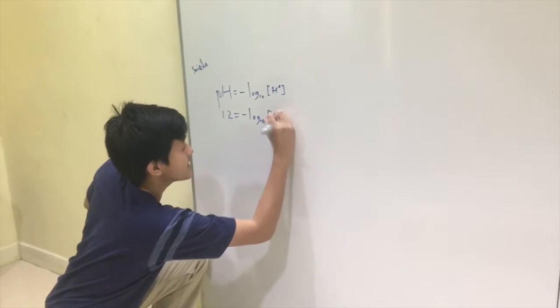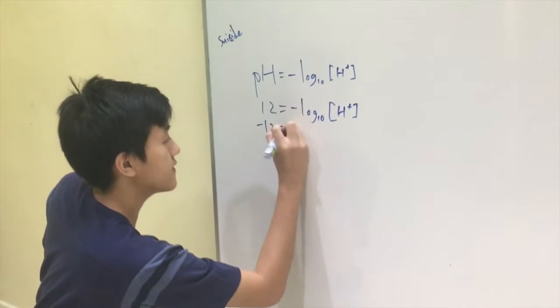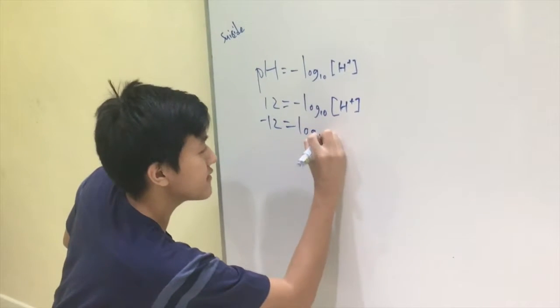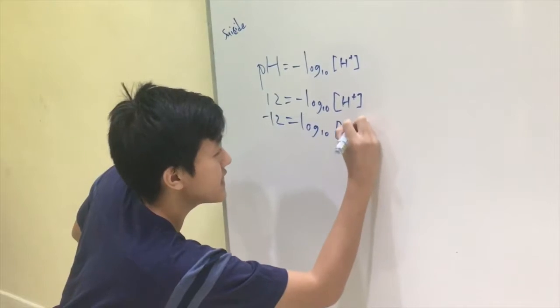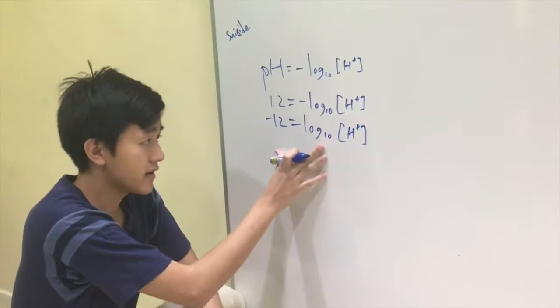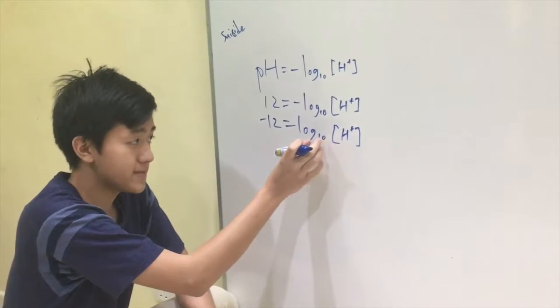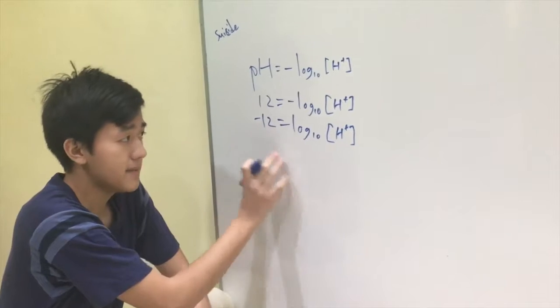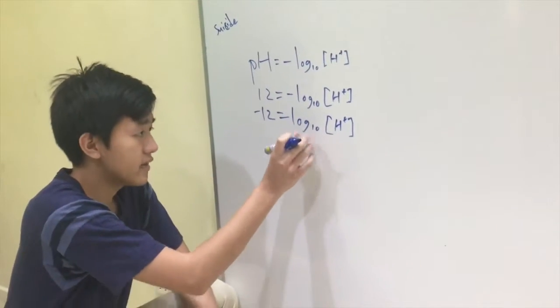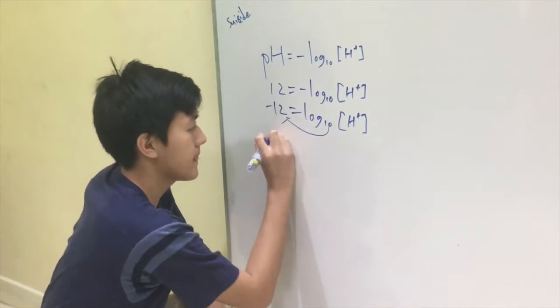Okay, so basically right now you have to put the negative on the other side. Really easy stuff. Now, here is where the application comes in. Because we know that log, when switching to the other side, is base 10. So you apply log. Now, what if we have to move it to this side? This is what will happen.